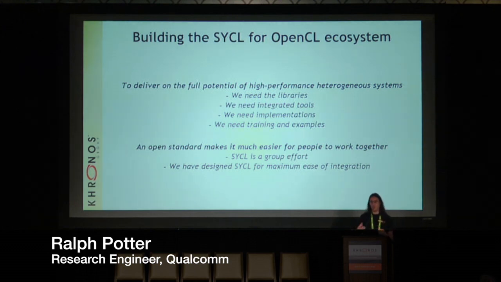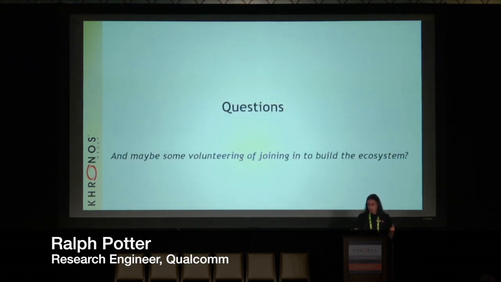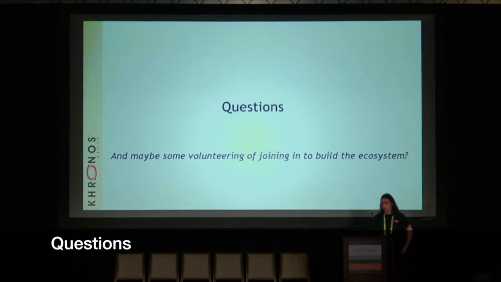We've demonstrated that you can take existing C++ code, compile it down to run on a device today. It's quite easy to take an existing project and just pull out the bits you need to parallelize. So I think we're in a good position there. And that ends my talk, and I think we're ready for questions for everyone.